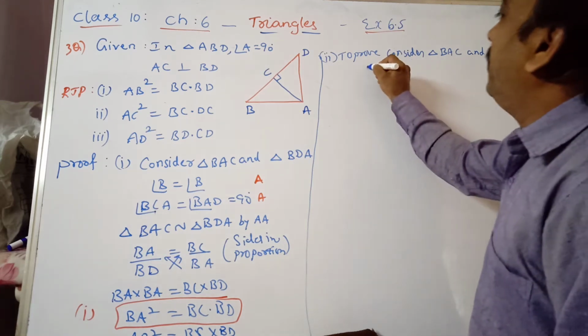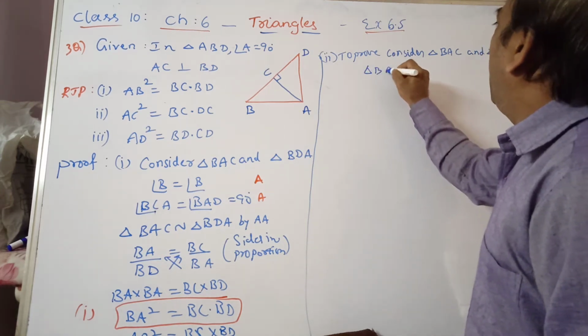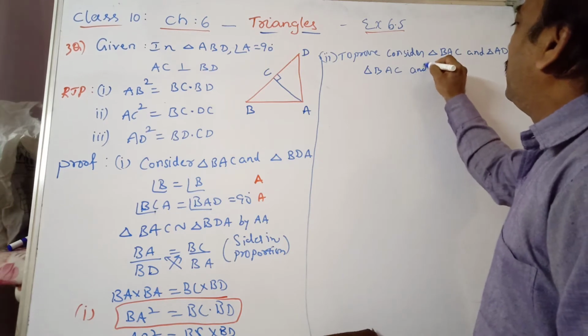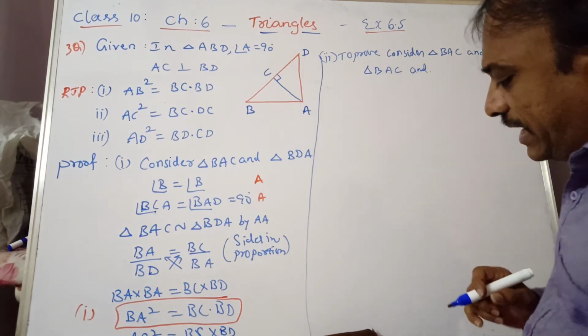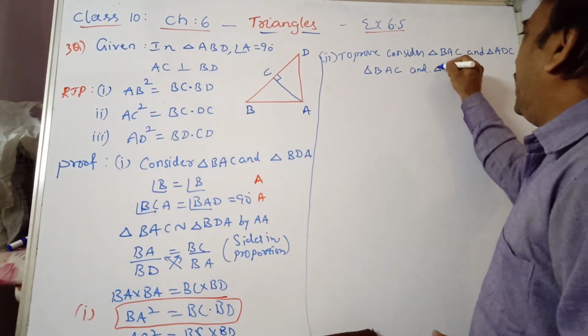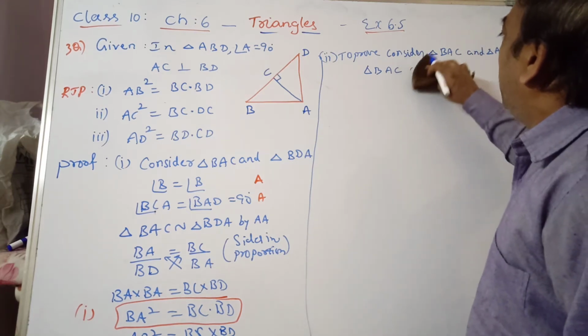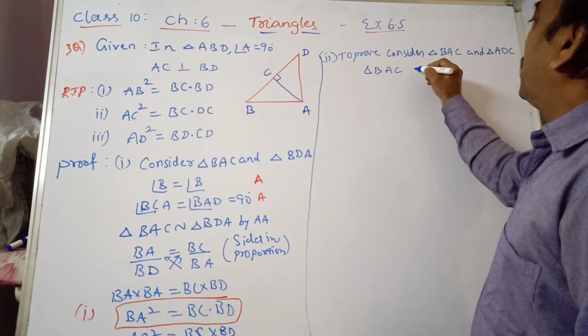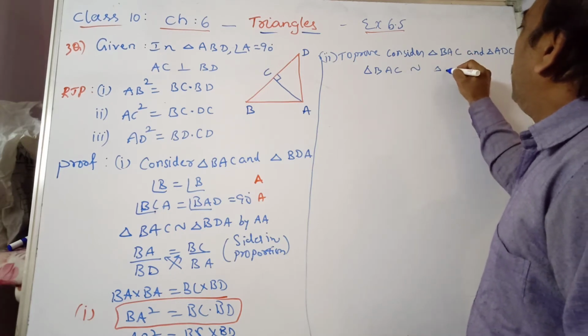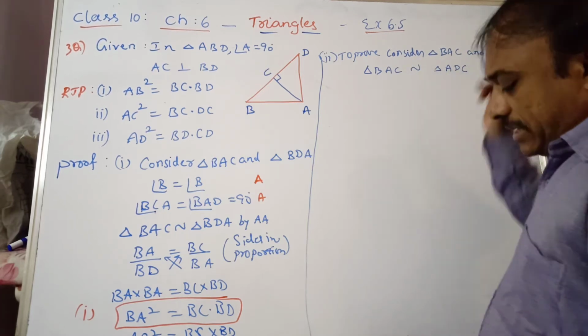So triangle BAC is similar to triangle ADC.